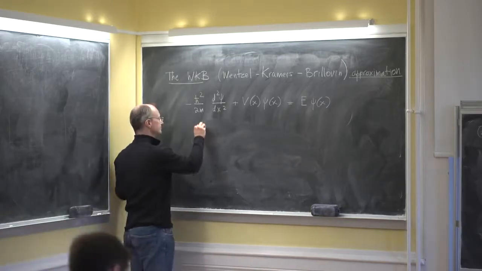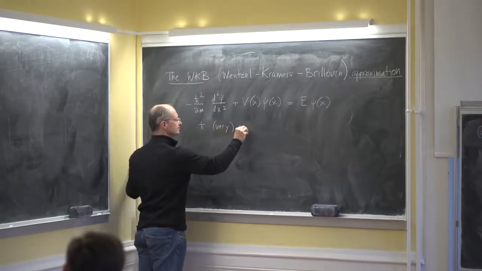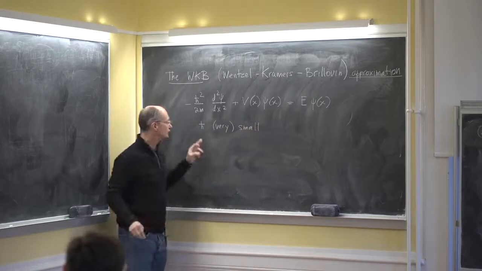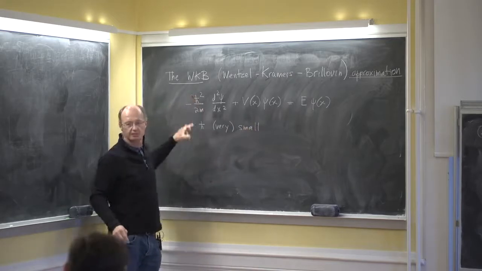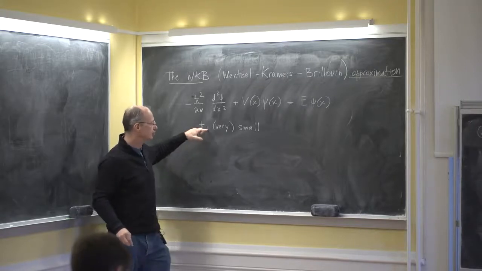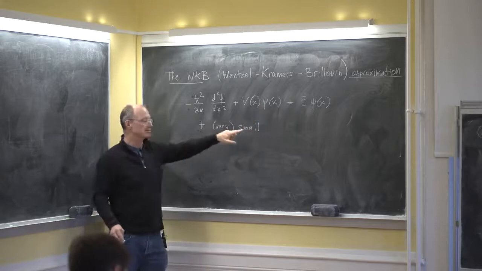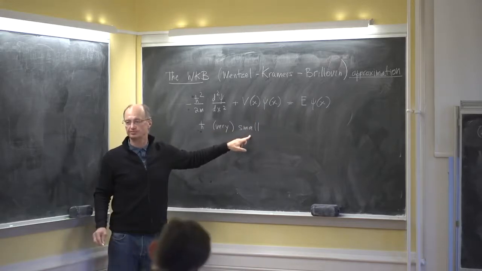And now we don't want to ignore the parameters, and in particular the parameter h bar. We will be looking at the behavior of this equation when this parameter becomes very, very small.